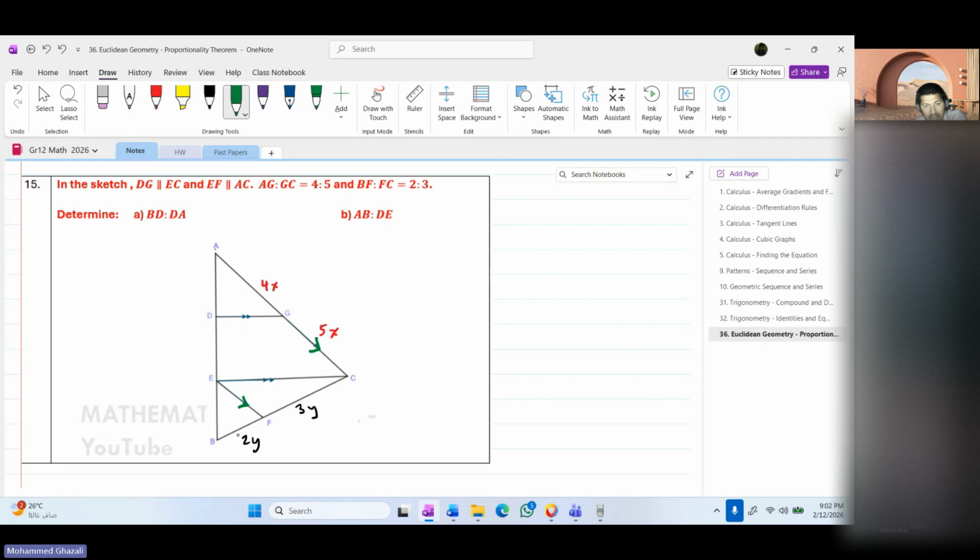In triangle BCA, we want BD to DA, right? Okay, let's look at the top one first. So let's say AD over DE.